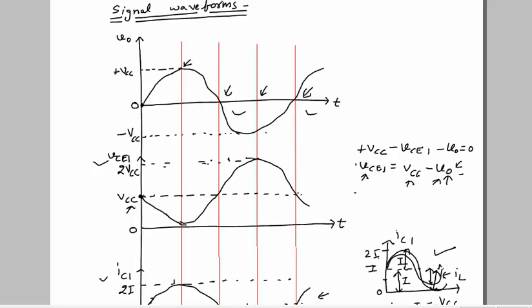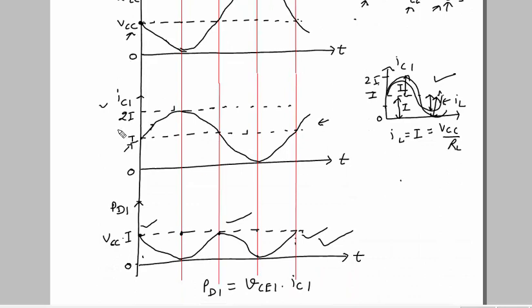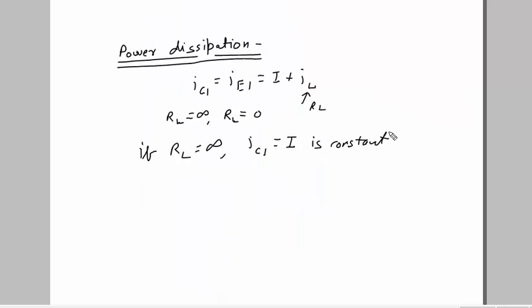This waveform of IC1 will not change. It will be constant at I. So if RL equals infinite, then IC1 equals I is constant, and the instantaneous power dissipation in Q1 will depend on the instantaneous value of V0.